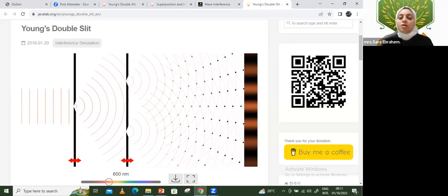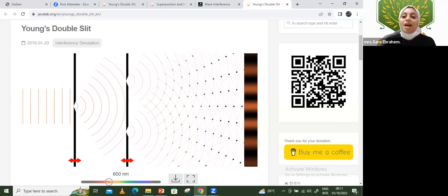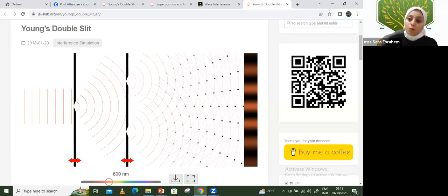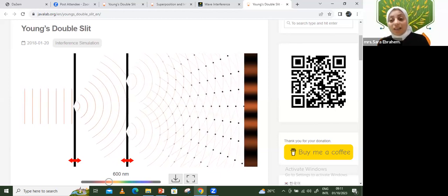And coherent sources emit the same waves, with the same amplitude, frequency and phase.